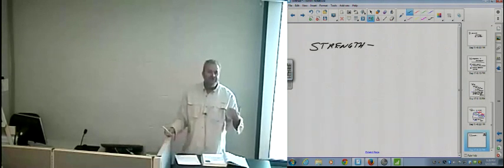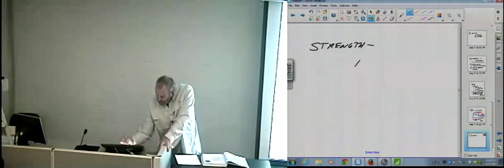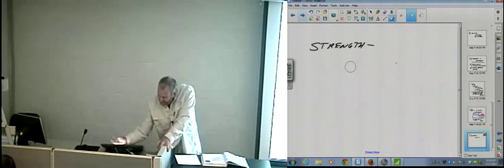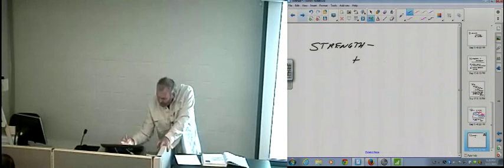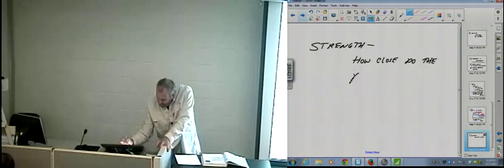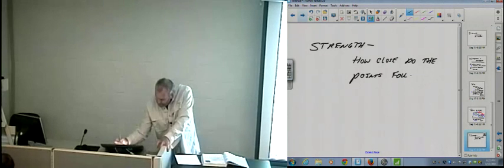Now, when I talk about strength, what we're asking you all is, at this point, just looking at it, how close do the points follow the form?